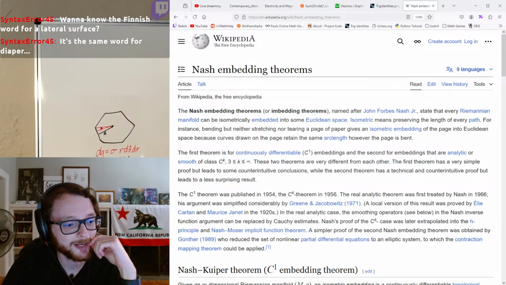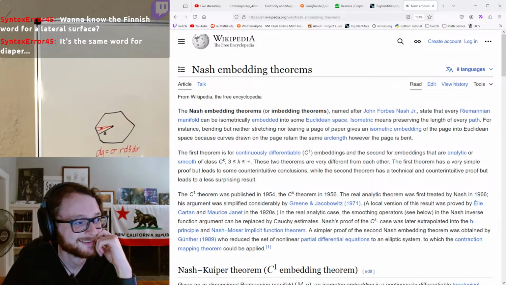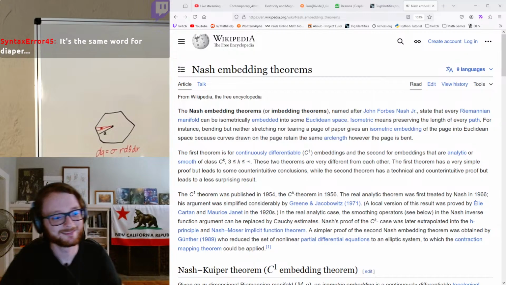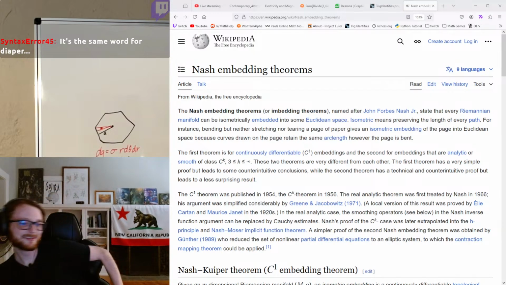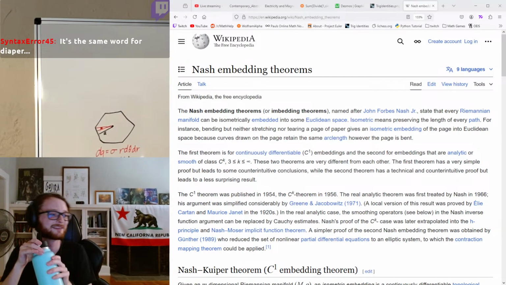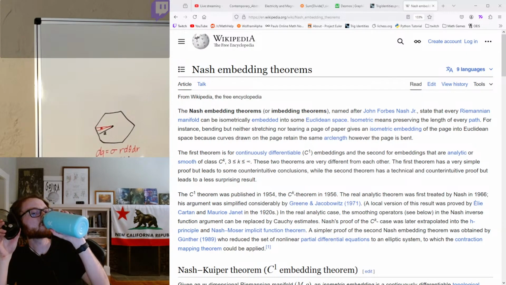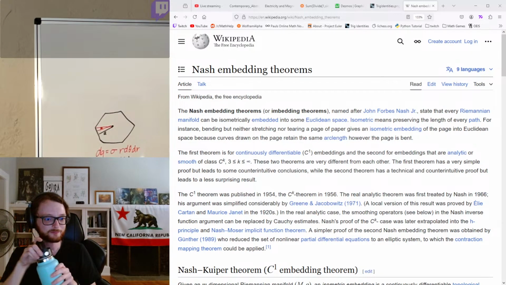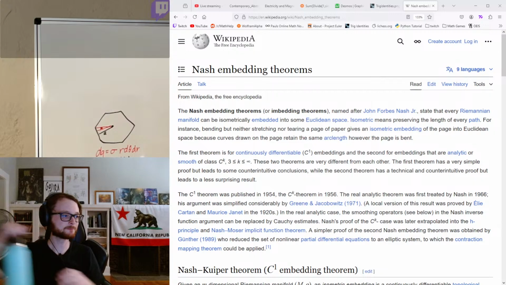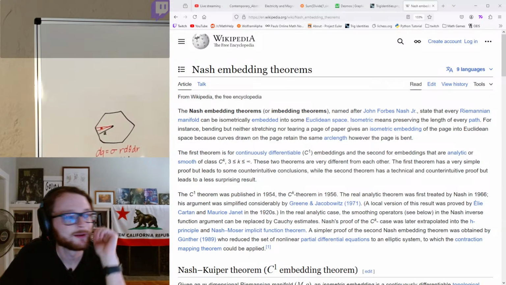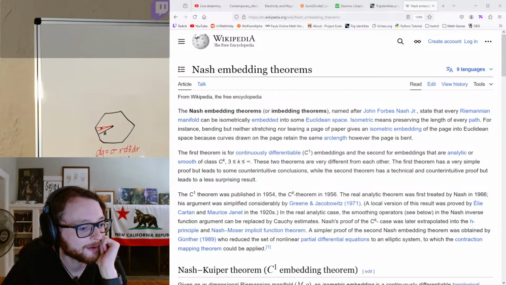The same word for diaper? Really? That's so weird. Is that a coincidence? Do I have recommendations for learning compressed sensing?